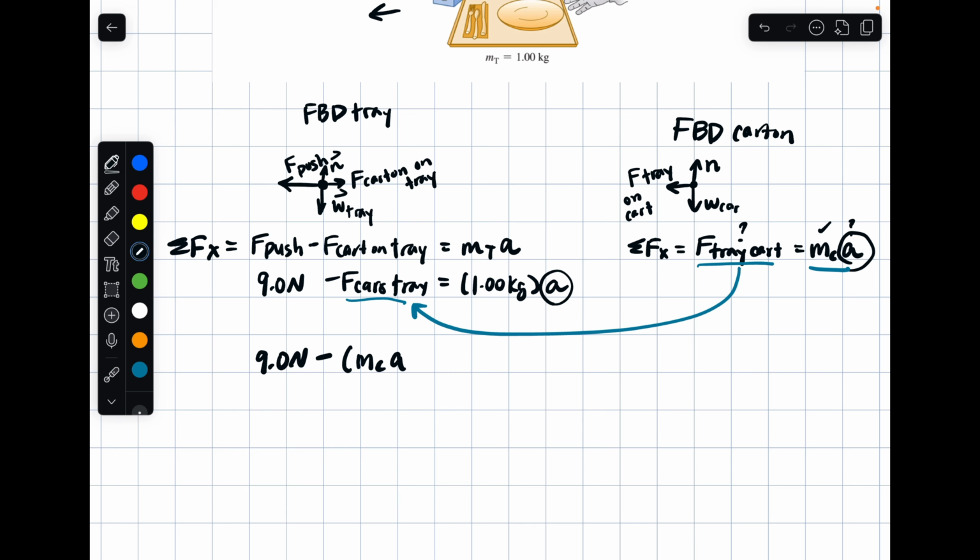So I'm going to make that substitution. I can go ahead and put in what the mass of the carton was. And now you can see we have eliminated the unknown and we can now solve for A.